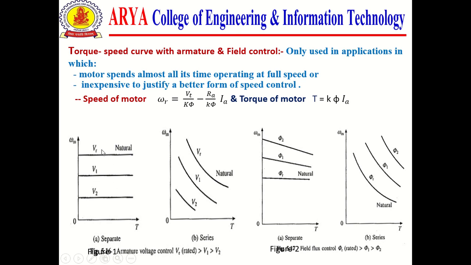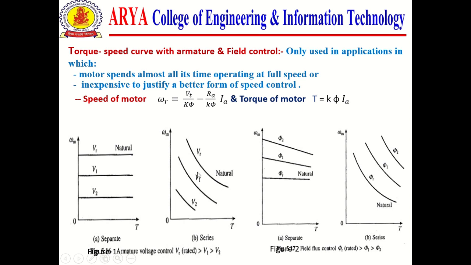Here this is the rated armature voltage. If we change the voltage, then VR, V1, V2. So here we can't change the torque value, but we reduce the speed of the DC motor.